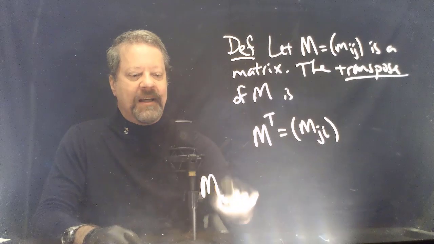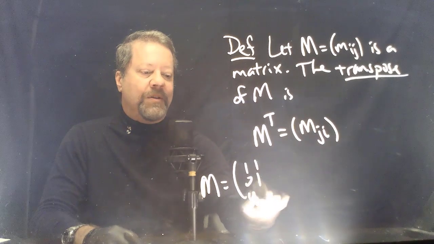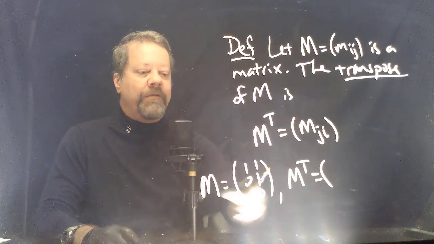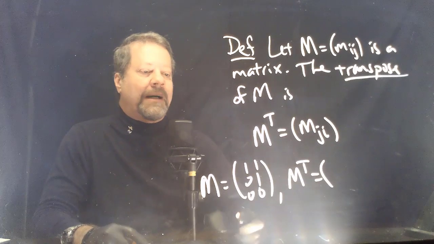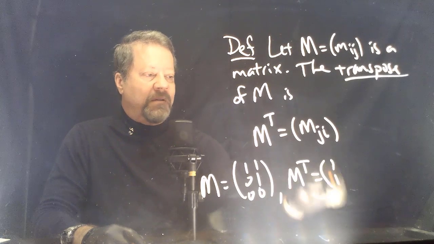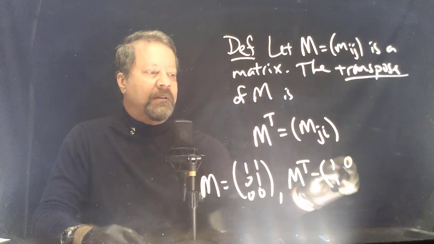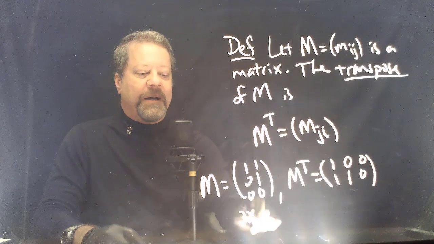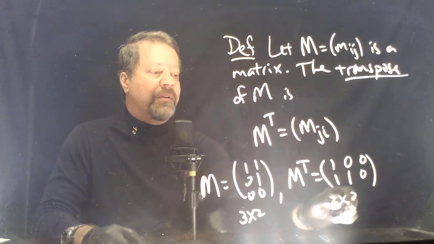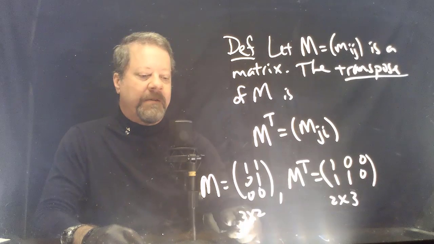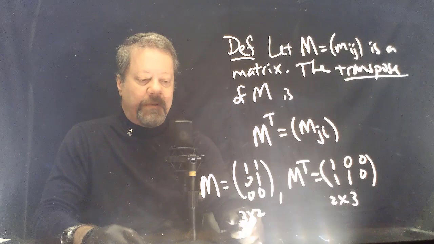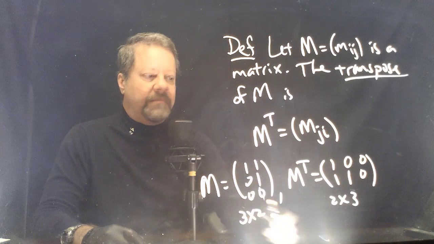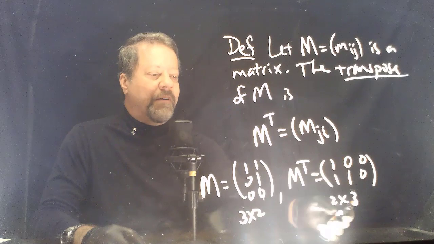If my matrix M is 1, 1, 0, 1, 0, 0, M transpose reverses the roles of rows and columns. So you get 1, 1 in the first column, 0, 1 in the second column, and 0, 0. So while this matrix is 3 by 2, the transpose is 2 by 3. The first number represents the number of rows. The second number represents the number of columns. 2 rows, 3 columns over here.